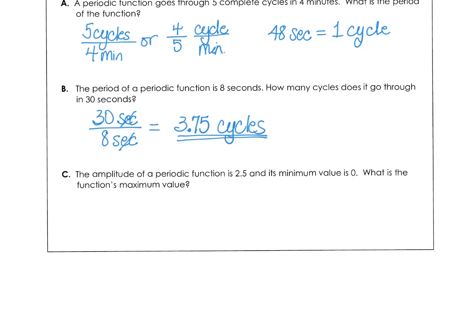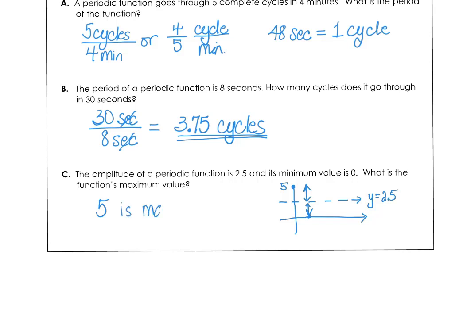If you think about it graphically, we have a minimum value at 0 and a maximum value at 5 if 2.5 is our midline. So I'm thinking of it that way. If y is 2.5 and the amplitude is 2.5 to 0 and 2.5 to 5, then my maximum is at 5.